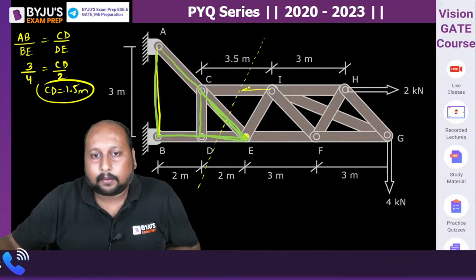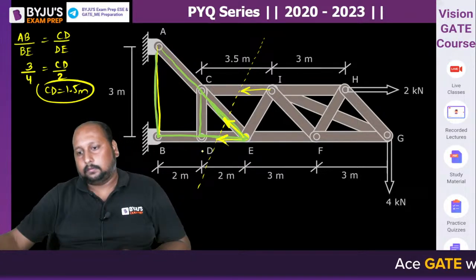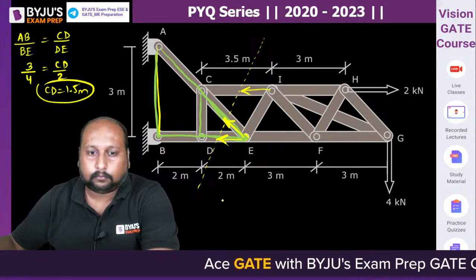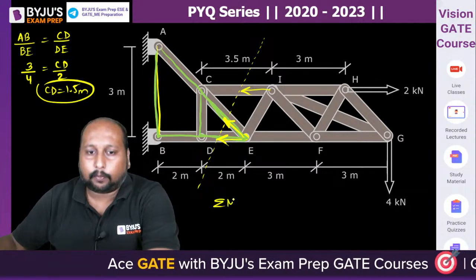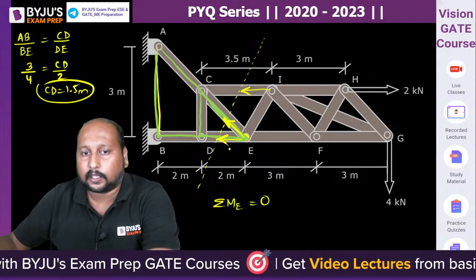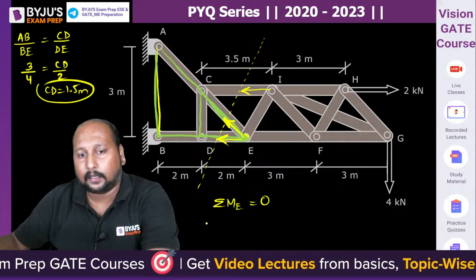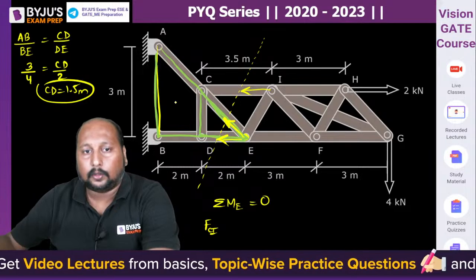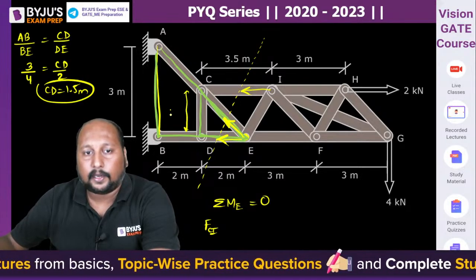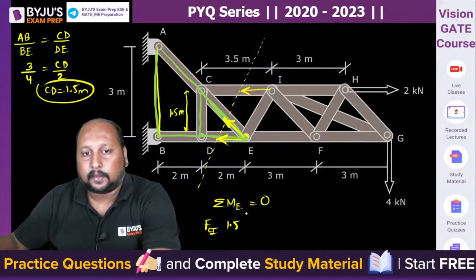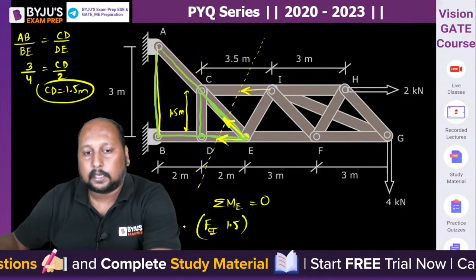So we have three members, this one and this one. You eliminate the left hand side, so we can take the moment about point E and make it equal to 0. If you take moment about point E, this force and this force will cancel out, and we are left with only FCI into this height, which is 1.5, rotating anti-clockwise, negative sign.